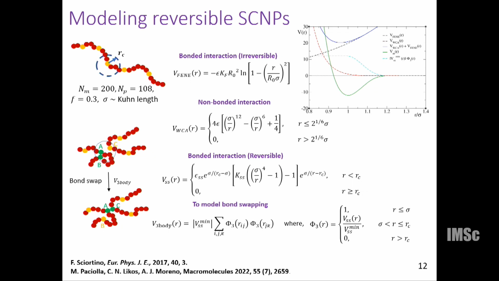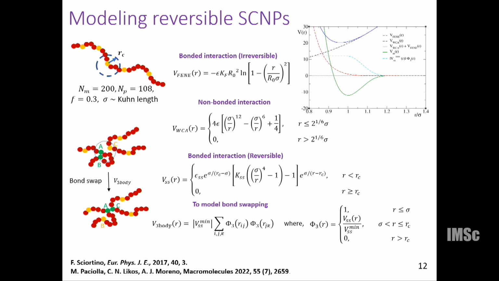With such a fraction, we are able to achieve the highest possible bonding probabilities. We needed it because, like I said, our motivation was to model vitrimers where the cross-linking density was constant. When you have such a high bonding probability, it means that you are maintaining the same value throughout the simulation.